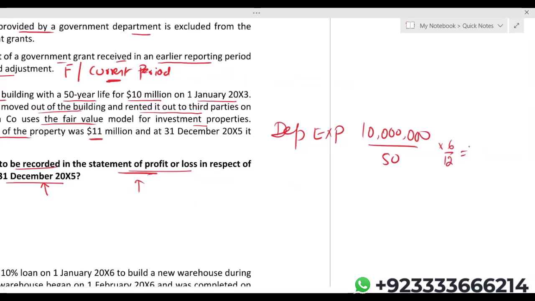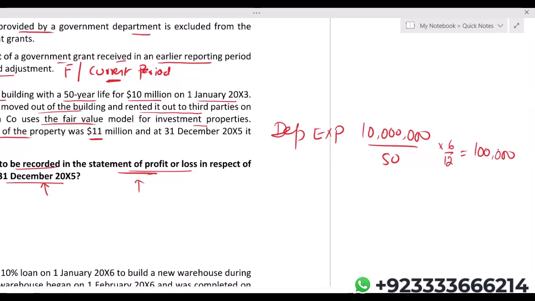So 10 million divided by 50, I'm getting 200,000, times 6 by 12. First 6 months in the current year, depreciation expense is 1 lakh. Okay. Another point.